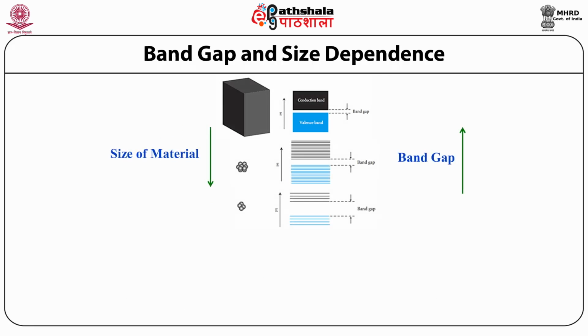Band gap and size dependence. So students, as you can see from this figure, as we are decreasing the size of the material, there is an increase in the band gap. So if we have a solid, there are closely spaced energy sublevels corresponding to energy bands.